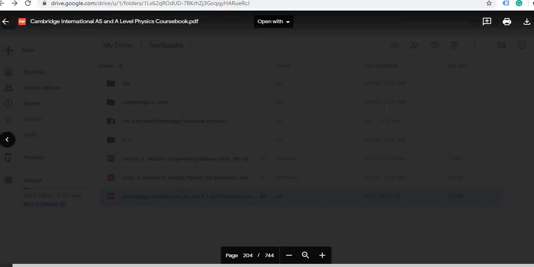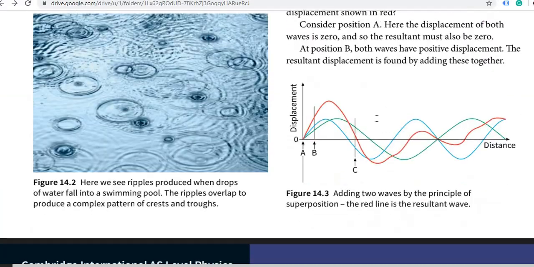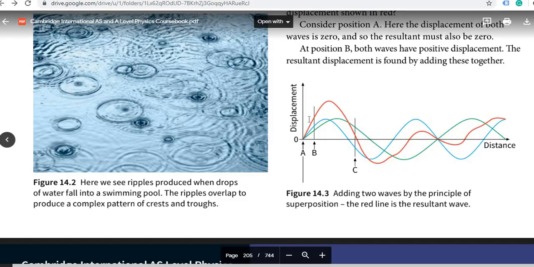Now there is another nice example here. You see here, you have the green wave and you have the blue wave, and the red one is the resultant. Now this is displacement, this is distance. Can you see?